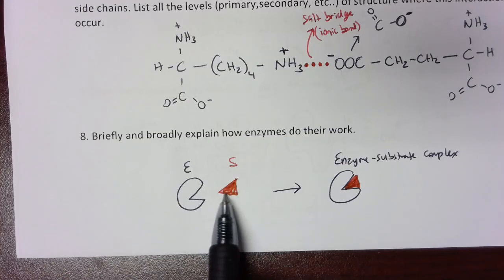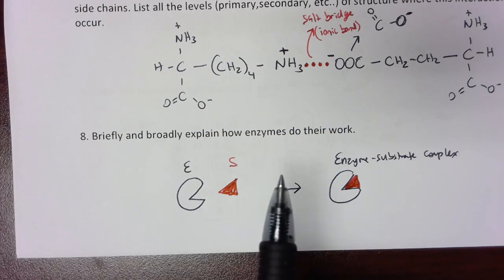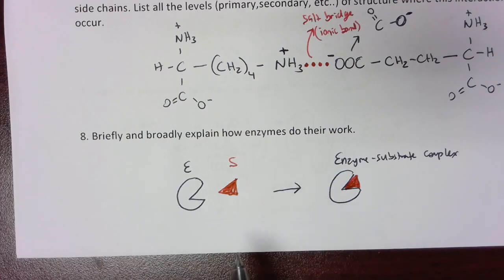So let's say this substrate is a protein. And we all know that proteins can be hydrolyzed with water. Well, they're not spontaneously hydrolyzed with water very easily. So enzymes help them become hydrolyzed, help them to essentially break up into amino acids so then our body can use the amino acids to build our own proteins.